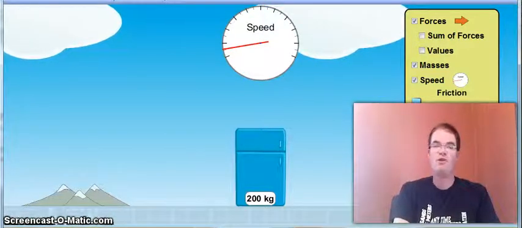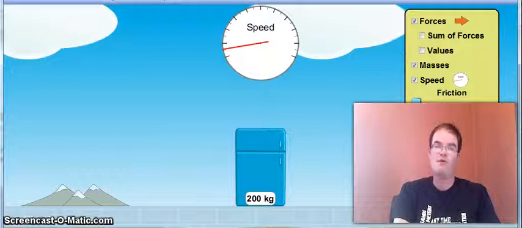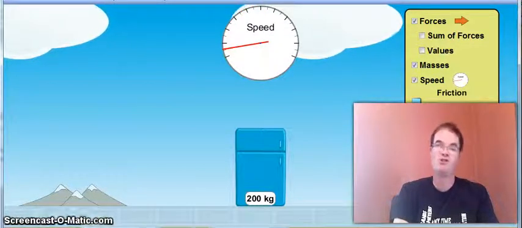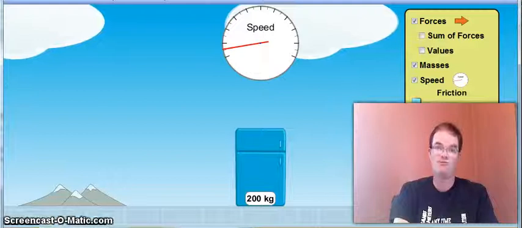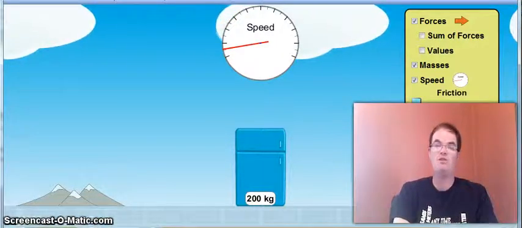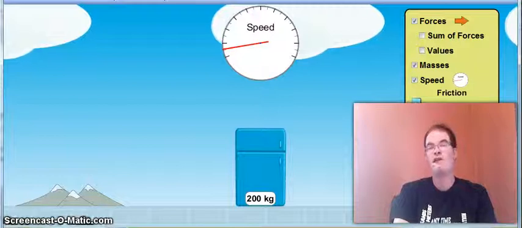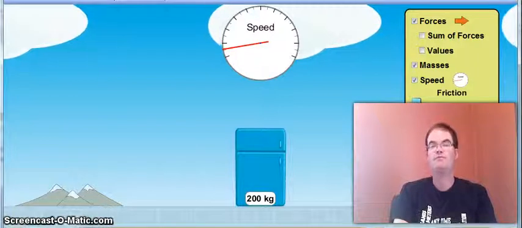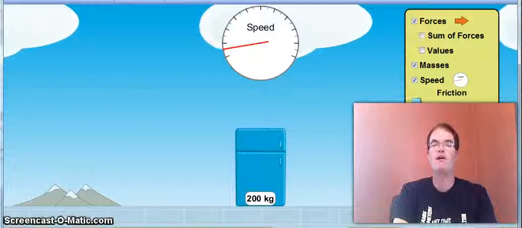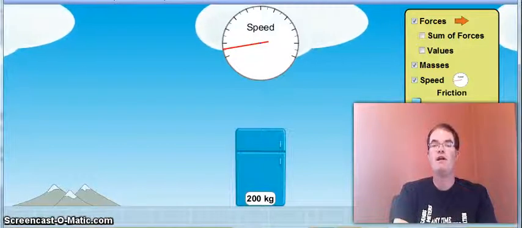So, in other words, applying the same force to an object of less mass will cause it to change its motion greater than an object of more mass. Here we see that the speed is about 1/2 unit, or whatever. I can't remember what our units are. But at any rate, it's slower.